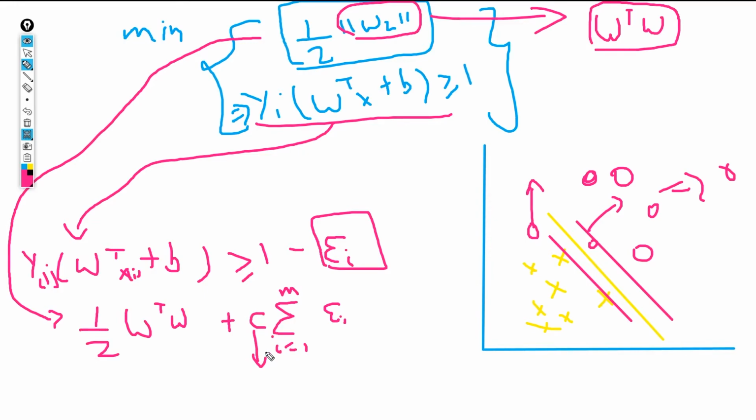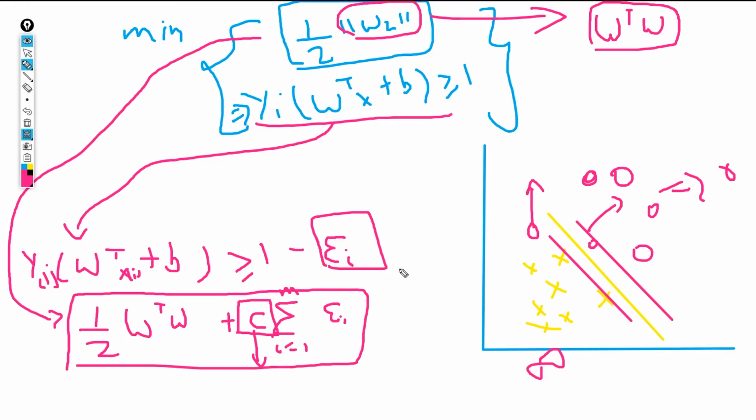Okay, so you can increase or decrease its value to see when it is giving the optimal performance. So now what is the c? Let's suppose you are taking c as a very big value, let's suppose infinity, so you are not going to allow any outliers, because you want to minimize this part.